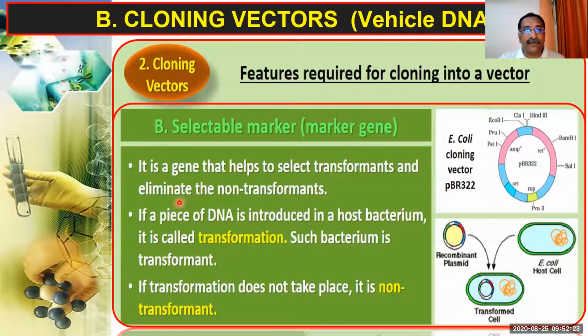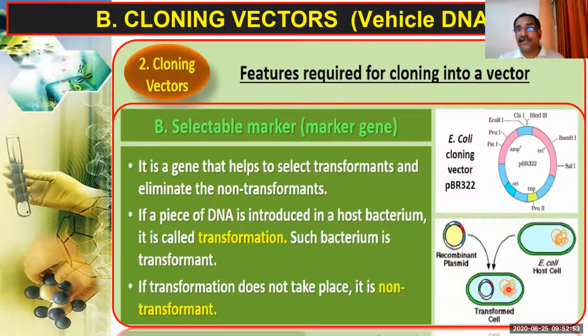Just look at the point over here. If a piece of DNA is inserted into a bacterium, that is called transformation, and such a bacterium is called a transformant. That means it is not original now, not natural now. This bacterium has changed because of a foreign gene inserted, so it is called a transformed cell.